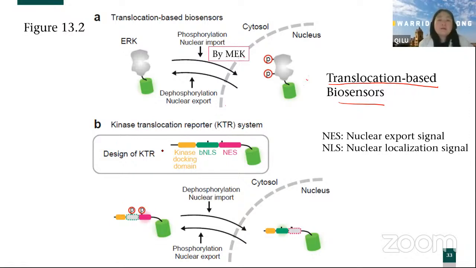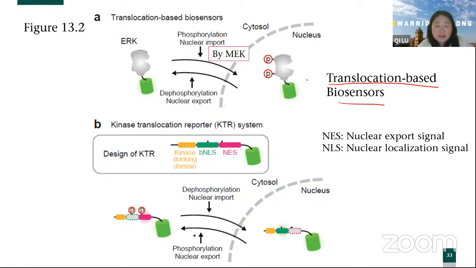In this system, they have a kinase docking domain and both signals, NES and NLS. NES is a nuclear export signal, and NLS is a nuclear localization signal. So with dephosphorylation, it will be imported into the nucleus, so only this green fluorescence will light up.